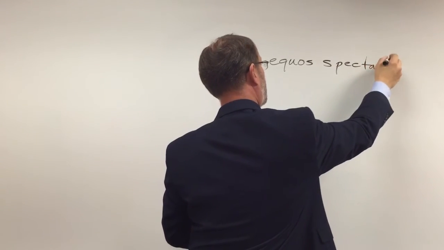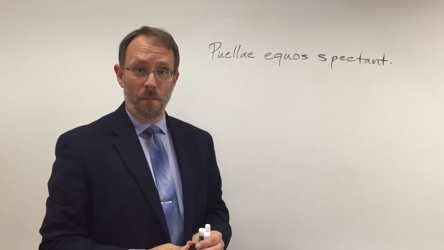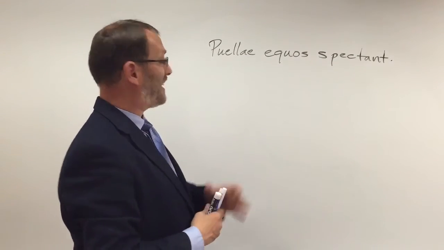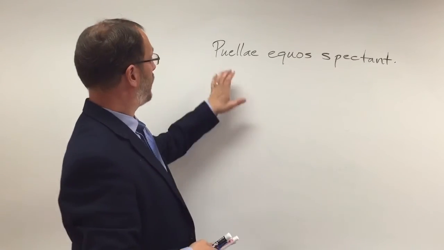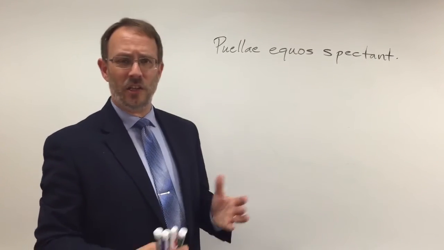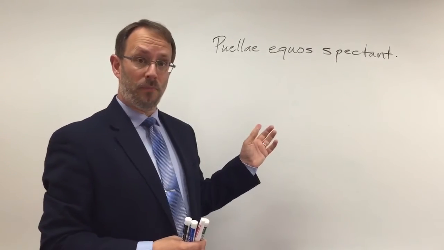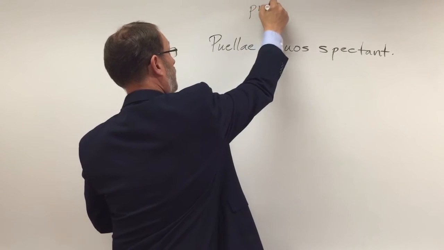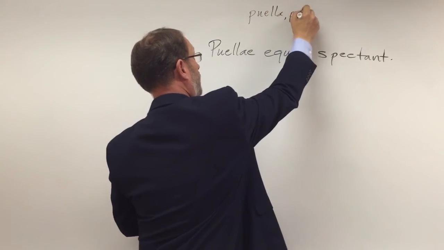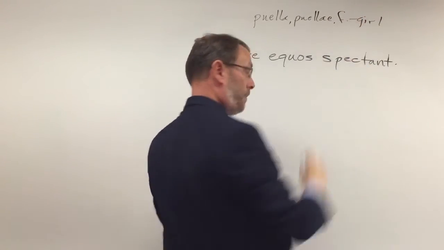Okay? When I'm looking at a sentence, the first thing I want to do is figure out what case and number each of the nouns is. So I say puella. Now, which declension is that? Is that a first or a second declension? Well, I look that up in the dictionary, and I find puella, puellae, feminine, the word for girl.